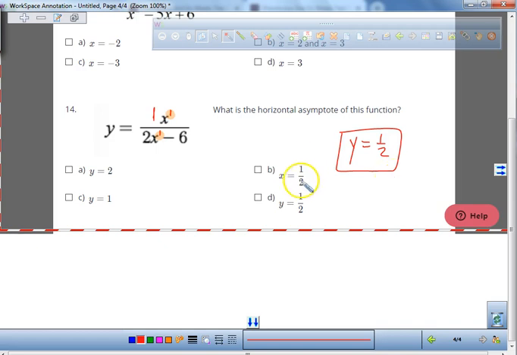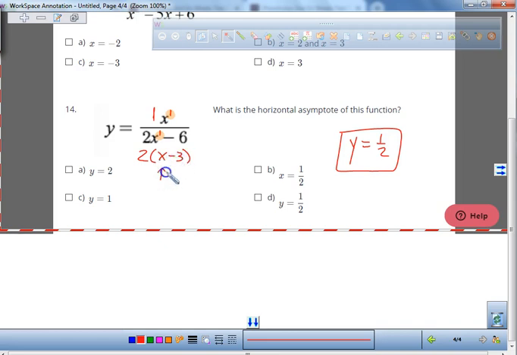Now, everybody, let's find the other pieces. I could use this exact same problem, and I could ask about something other than a horizontal asymptote. What could I factor out of the denominator right here? What number goes into both those? 2. So I could factor out a 2, and that would be x minus a 3.